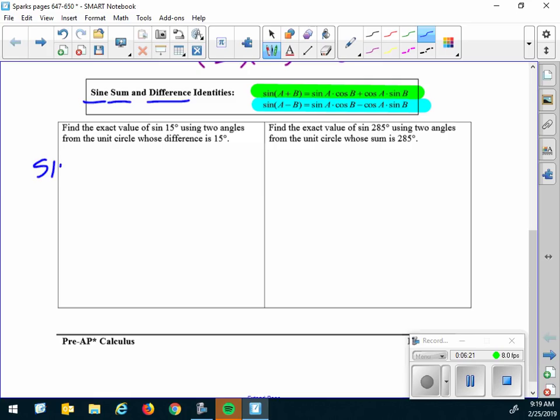So I could do sine of 60 degrees minus 45 degrees, or I could do sine of 45 degrees minus 30 degrees. Does not matter, because guess what? You're going to get the same answer. So which one am I going to pick? I'll just do sine of 45 degrees minus 30 degrees.